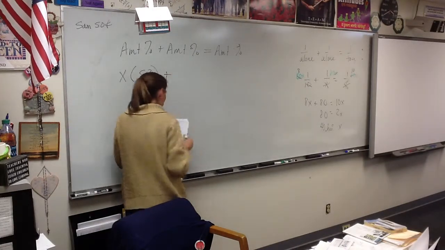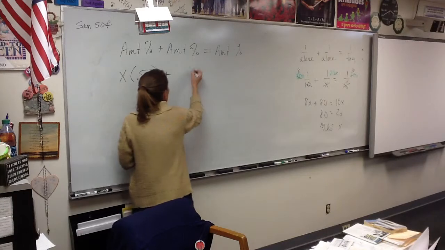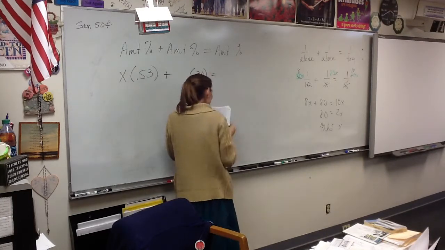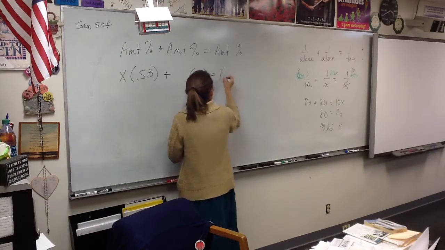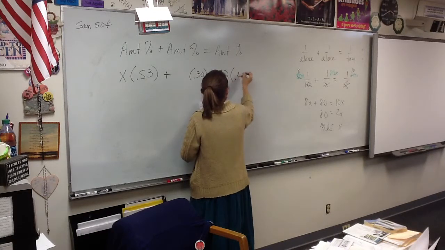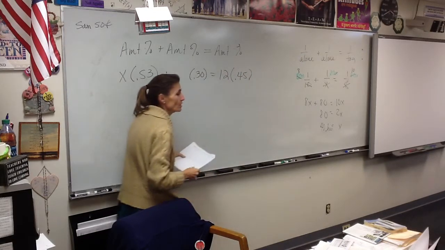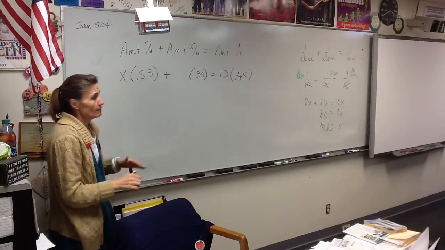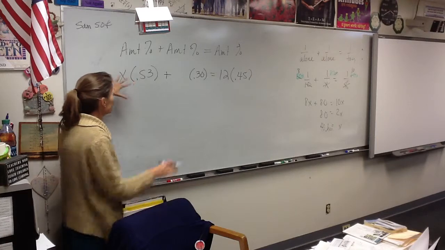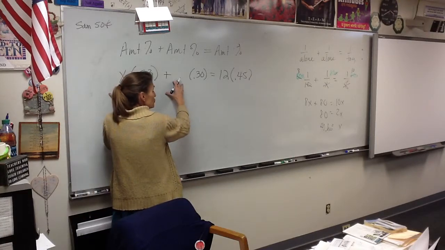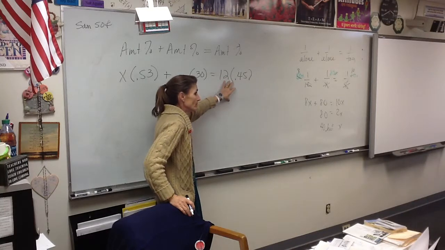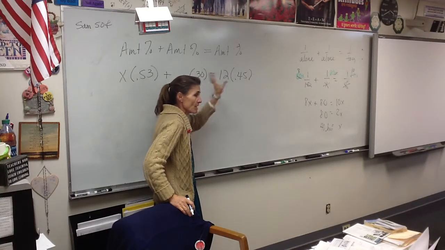Must be mixed with a 30% solution to get 12 gallons of a 45% solution. Now this is one of the tricky ones. You are putting these two together to get 12. Together they make 12.